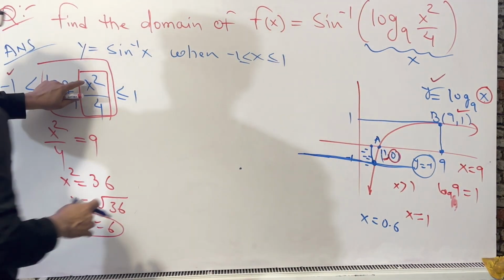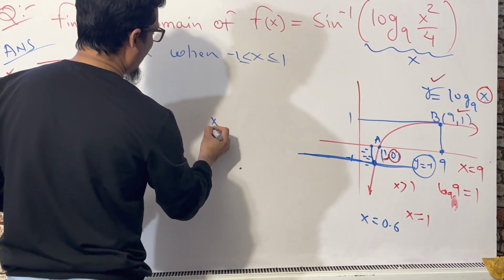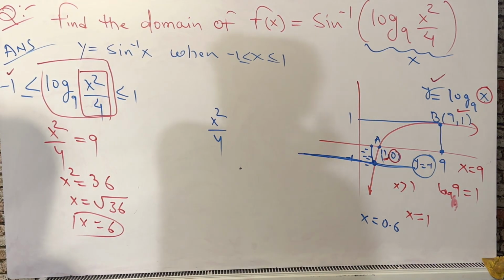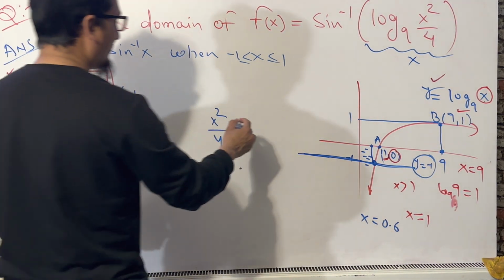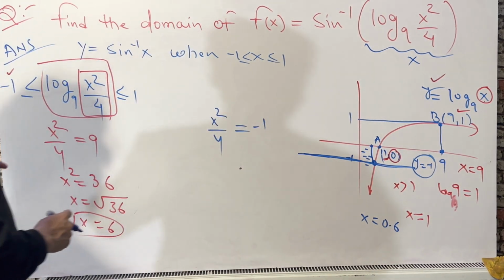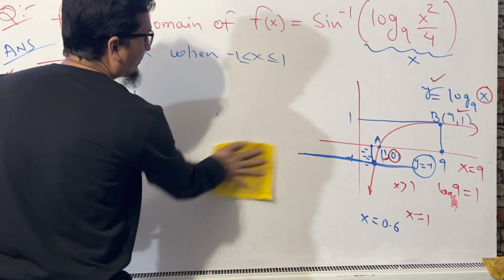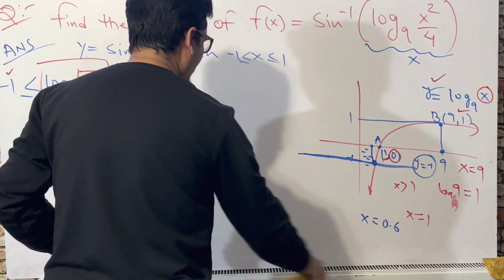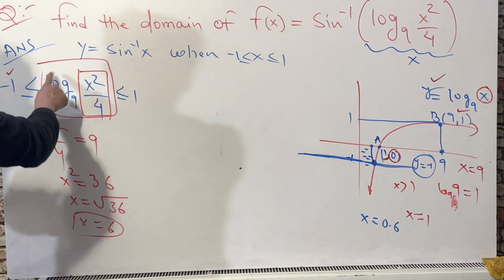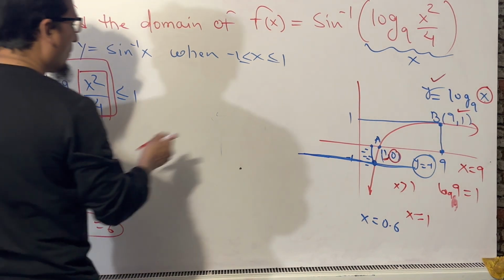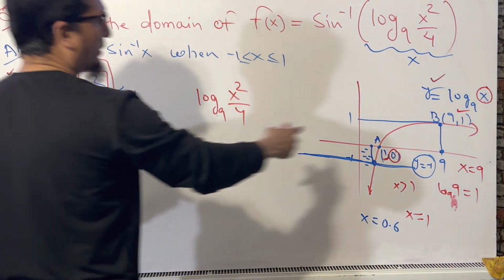So here we have this x squared by 4. This is the graph of log base 9 of x.